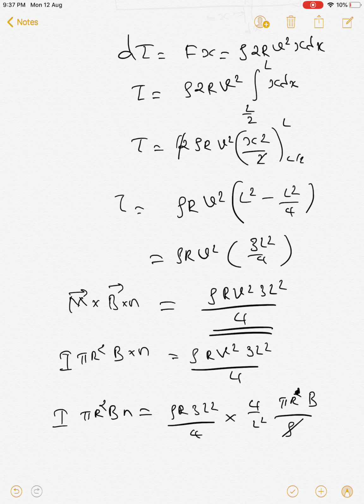So we'll be able to cancel this rho, this L square, 4, this B, and this pi.